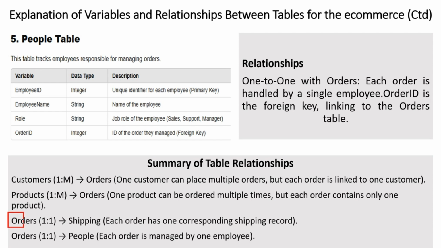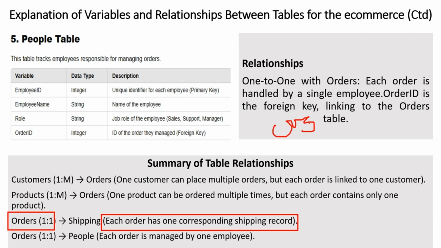So orders to shipping is a one-to-one relationship, which is each order has only one corresponding shipping record. If my order ID is 005, for instance, right? So it can only be assigned to a particular shipping information.